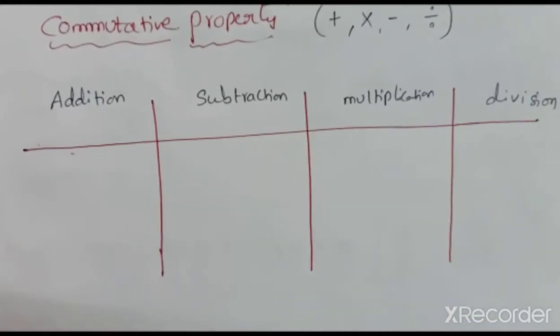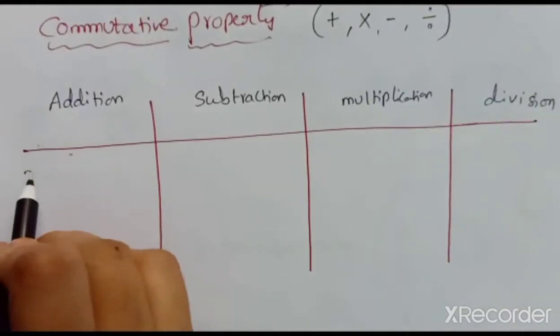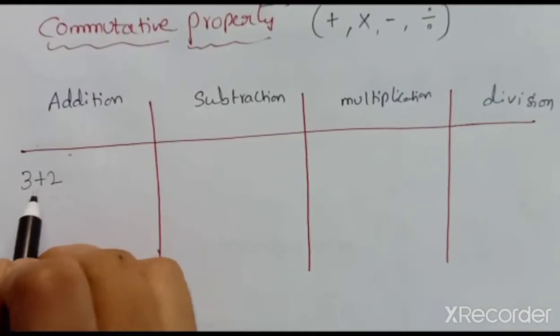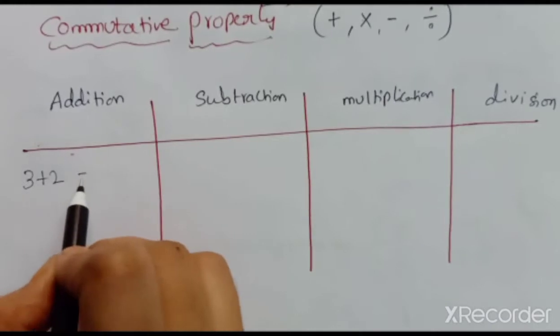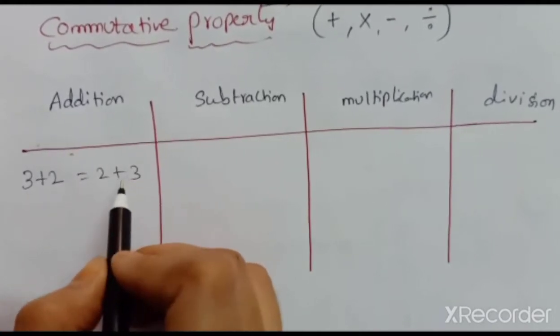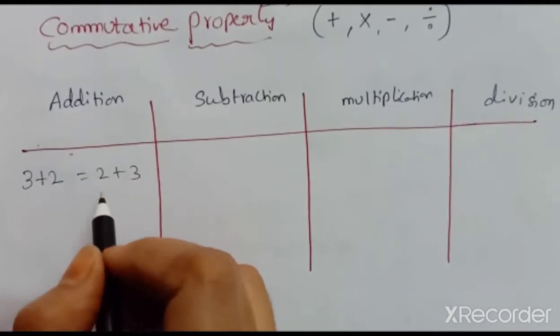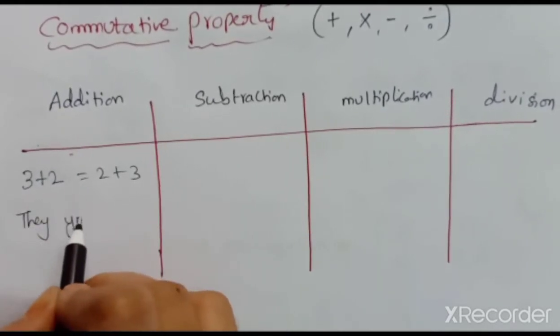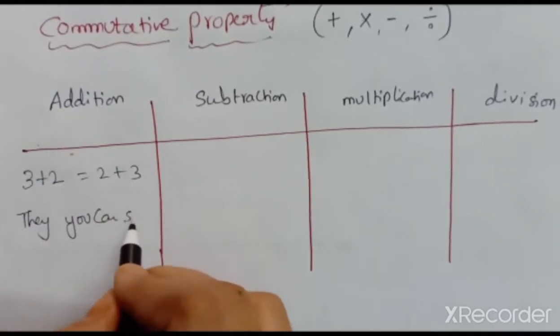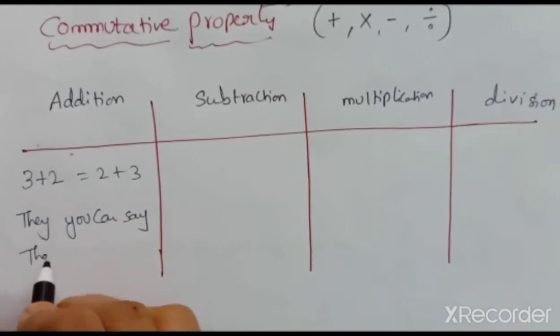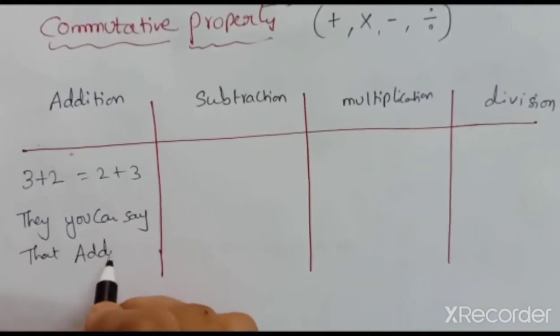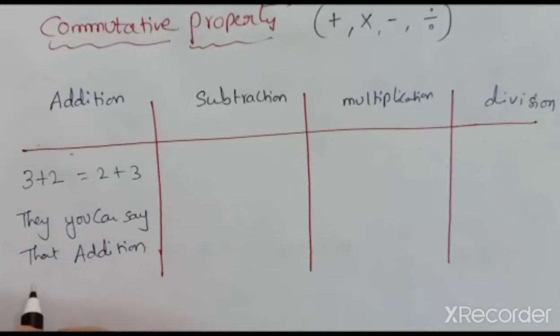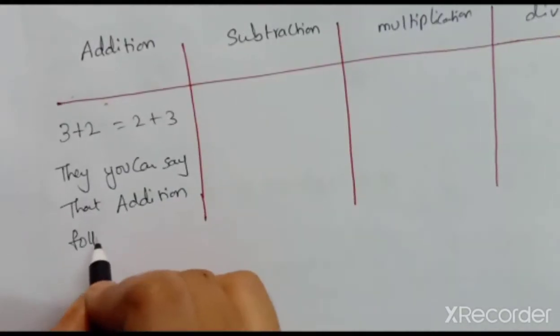See here, if you add 3 plus 2, and if you add in reverse also, both are equal, then you can say that addition follows the commutative property.